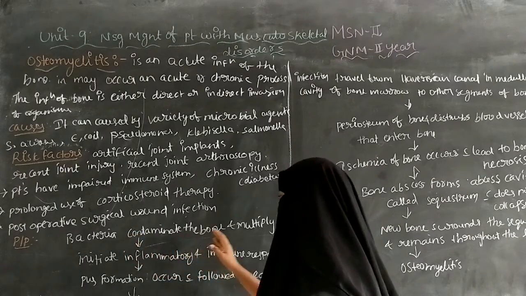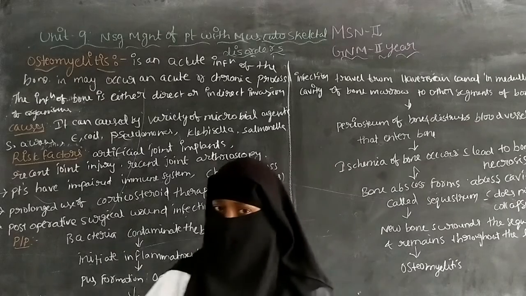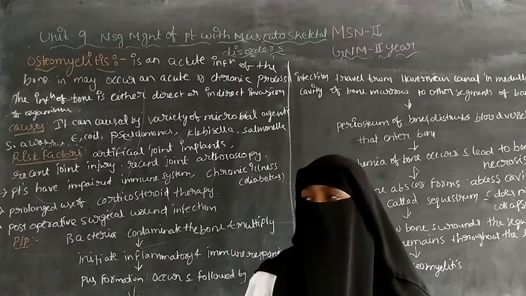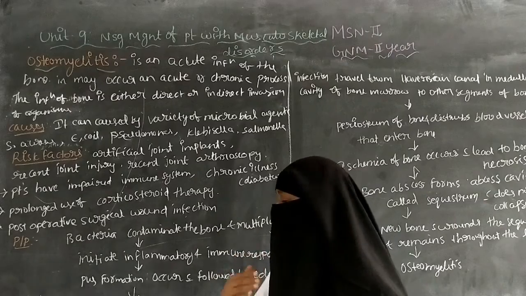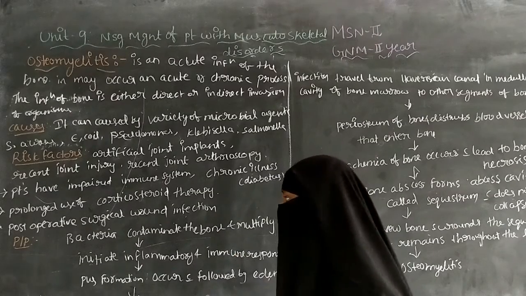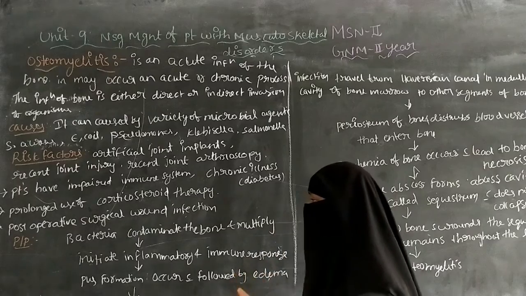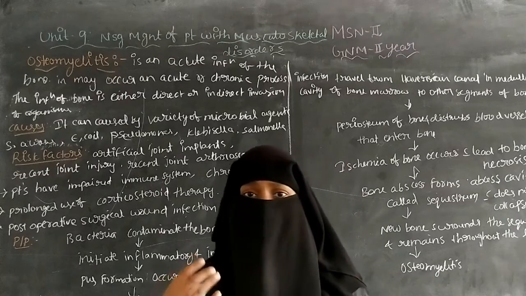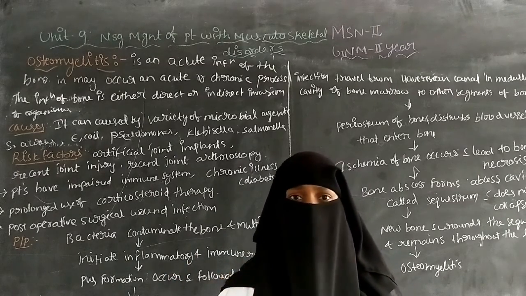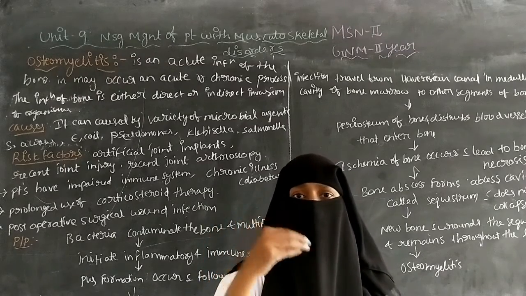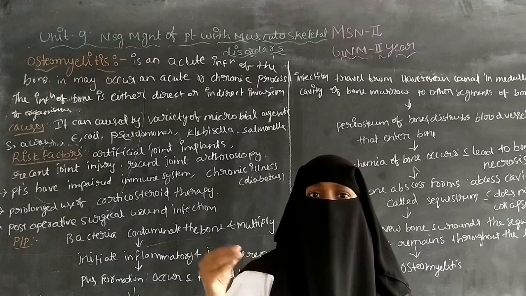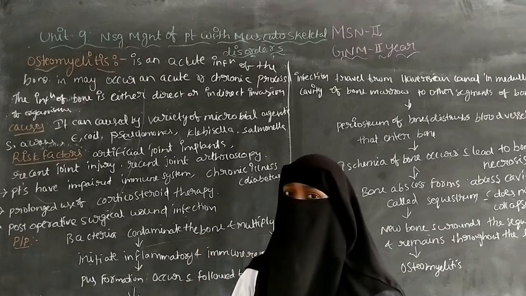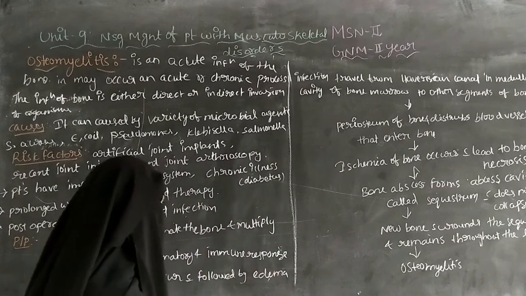The bacteria can enter the body and contaminate the bone, and they multiply, increasing in number. Through open wounds or surgical wounds, the microorganisms can enter the body, travel through the bloodstream to the bone, and contaminate the bone.